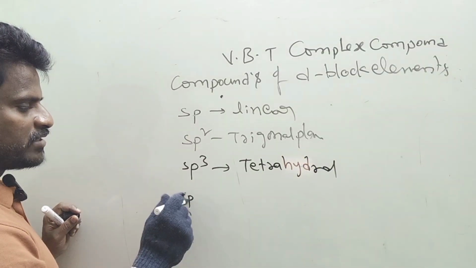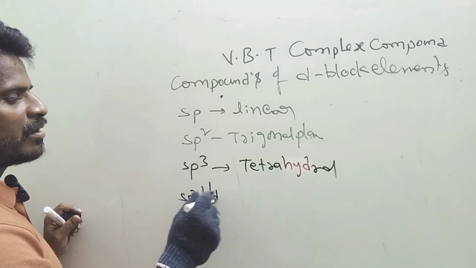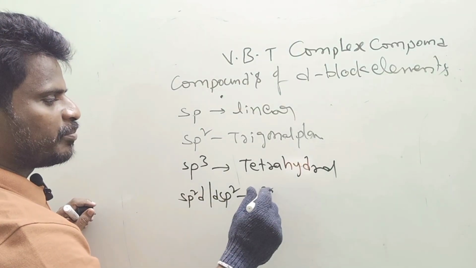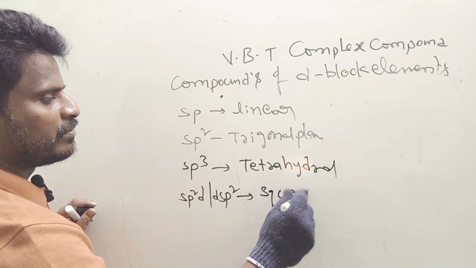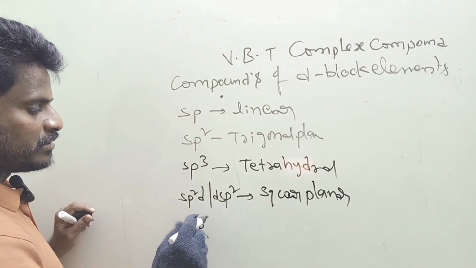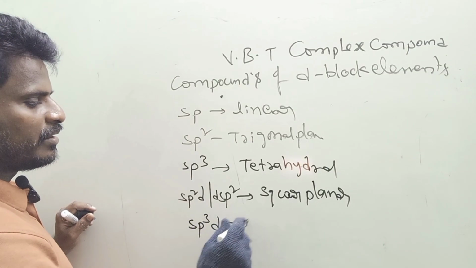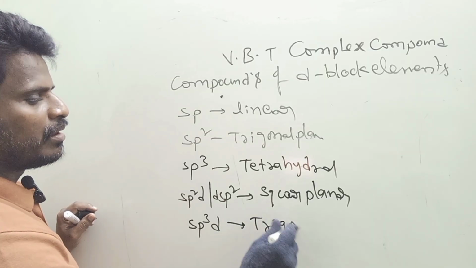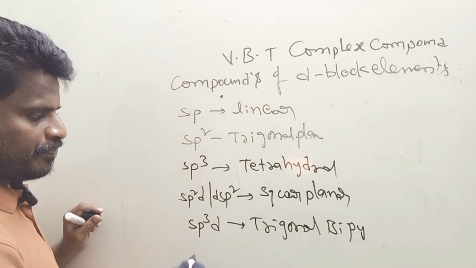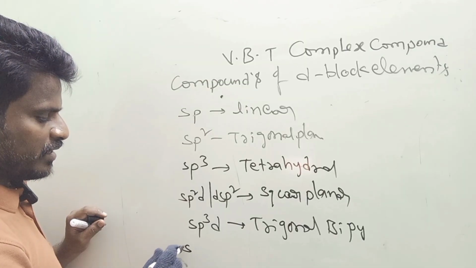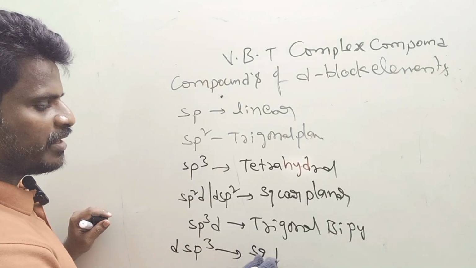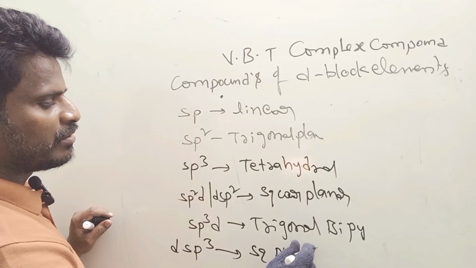If it is in sp2d or dsp2, that is square planar geometry. If the hybridization is sp3d, it is a trigonal bipyramidal geometry. If the hybridization is dsp3, it is a square pyramidal geometry.